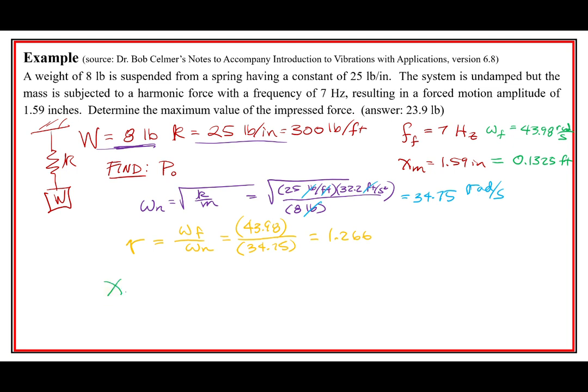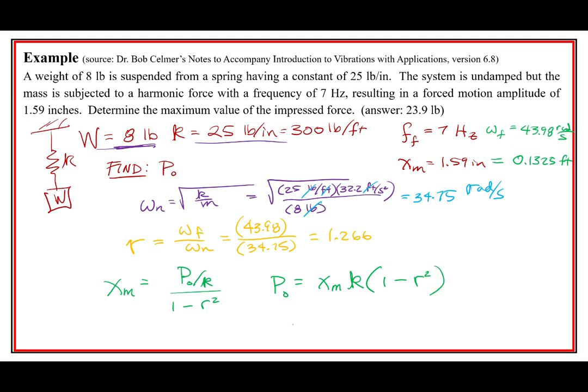Here's the equation that we will generally use for this. I keep accidentally writing M instead of O in there. So the P_O that we're trying to find is going to be equal to X_M times K times 1 minus R squared. Shoot, I wrote it wrong on my page.